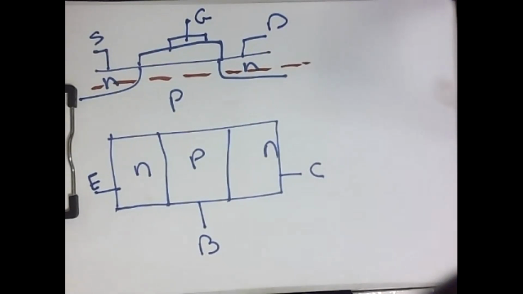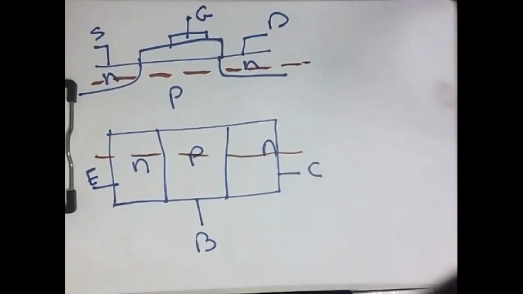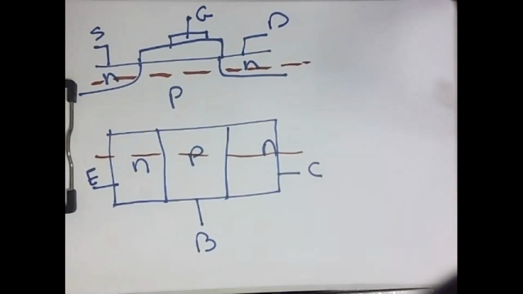When you make an energy band diagram, you will typically have the same energy band diagram, which is still an NPN energy band diagram. So this is one common point between the MOSFET and the BJT.